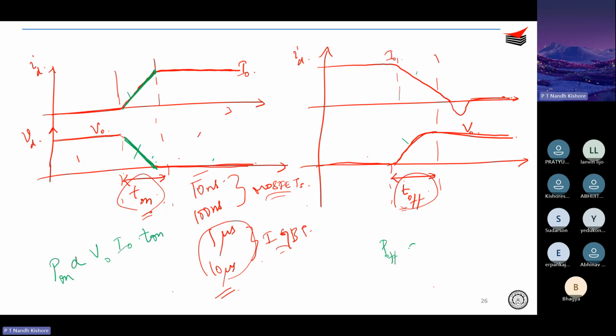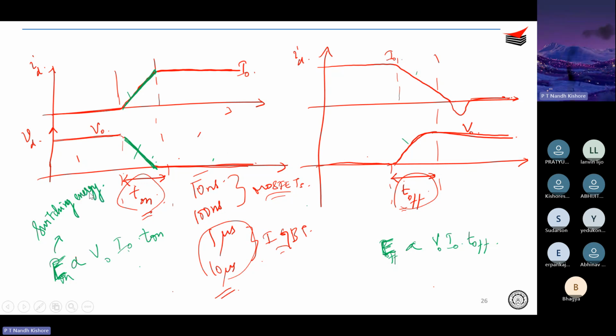Similarly, the E off, switching energy during the turn off period, is proportional to V naught into I naught into T off. So this is your switching energy.